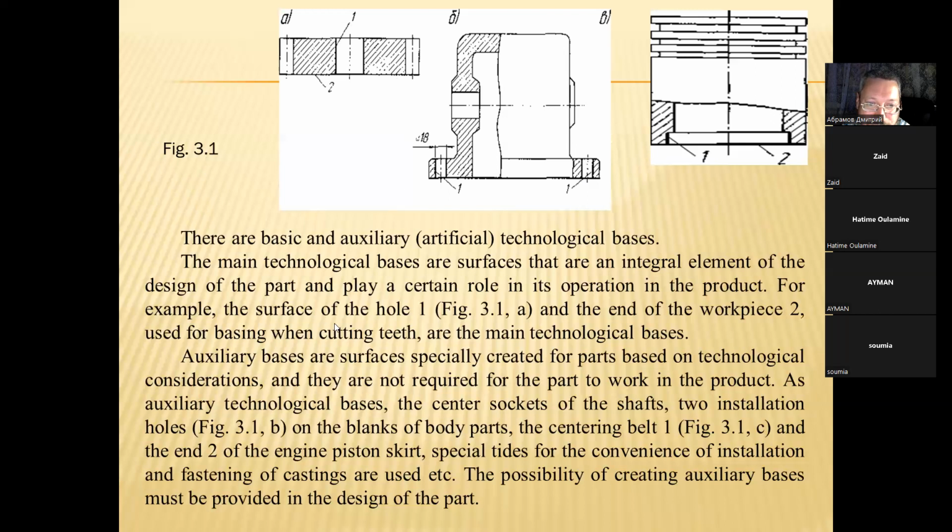The surface of the hole 1 and the end of the workpiece 2, used for basing when cutting teeth, are the main technological bases.